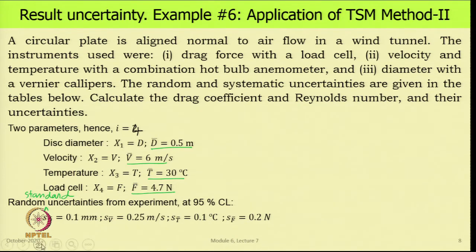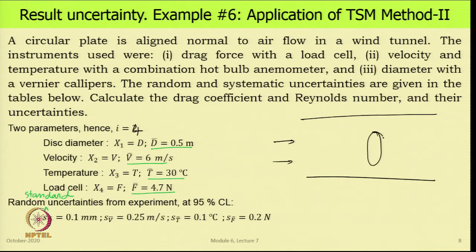So, the sketch of this setup would look something like this, that we make a channel. These are 2 walls which are on the top and bottom. There is airflow established in there, and what we have here is a circular disc which is fixed to a load cell, which is anchored to the floor of the wind tunnel.